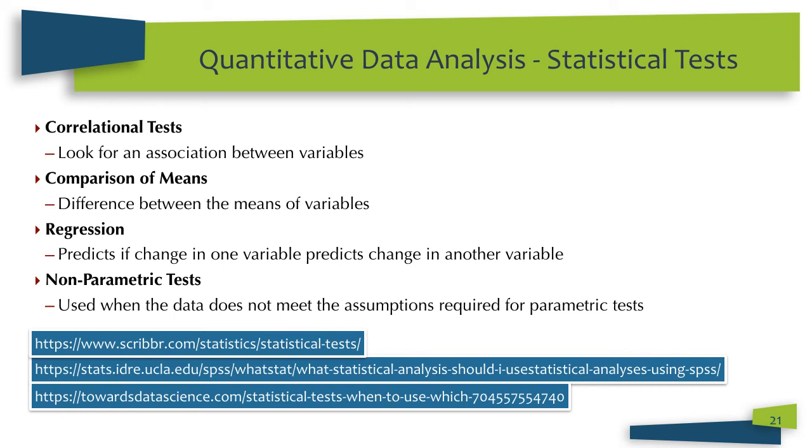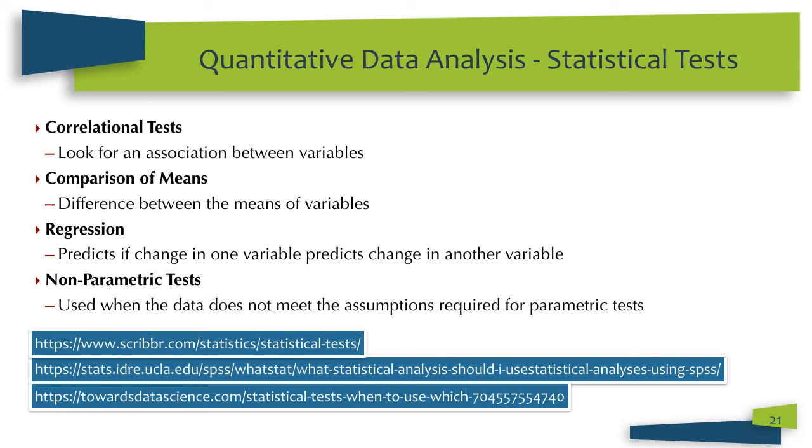Then there is a group of tests that is basically comparison of means, in which you try to find out the difference between the means of variables, and it includes tests such as chi-square, paired t-test and independent t-test. And when you're looking at the difference between means of groups, you use ANOVA.